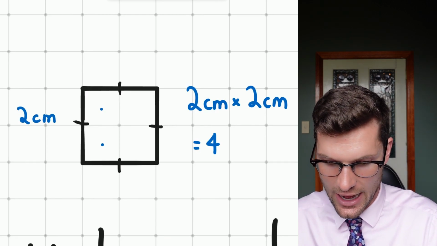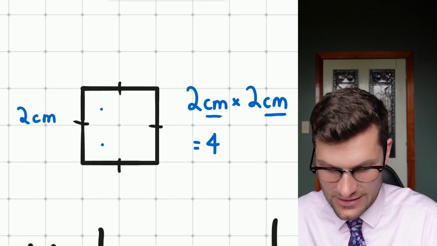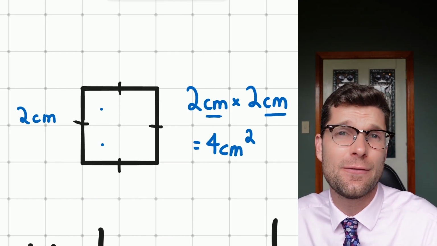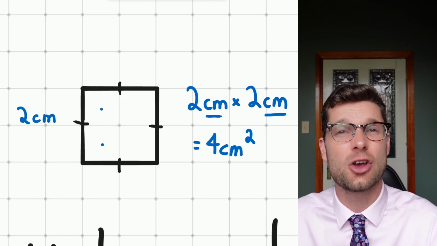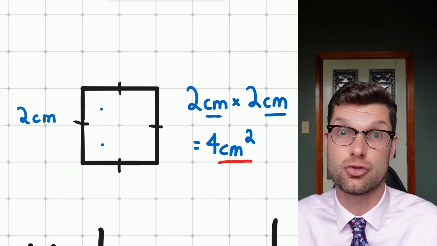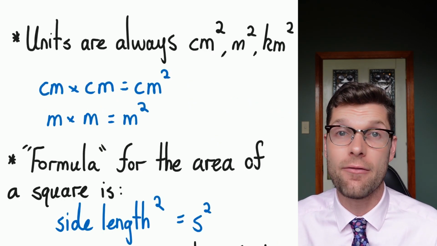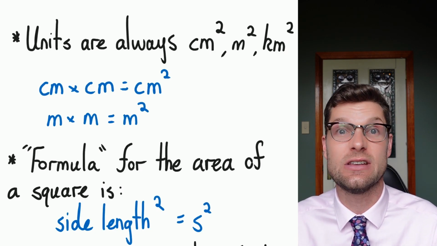Because I've got the same unit multiplied by itself, I can write that that is centimeters squared. When we are doing questions like this, if you don't have the correct units at the end, you're going to get the question wrong. So please make sure you put in this last bit of information every single time. This always happens. Every single unit that we're going to have, if it's millimeters, centimeters, meters, or kilometers, is going to be squared.